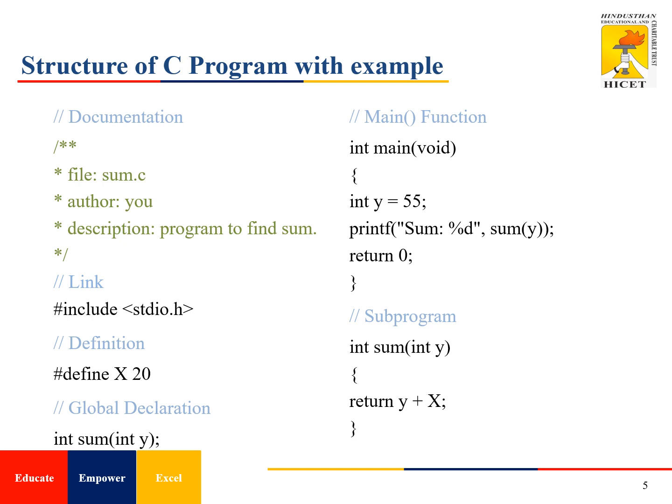Next one is the main function, which is used to define the actual processing of the program. In the main function, I'm declaring a variable y with the value 55, and I'm using the printf function to print the output, sum is equal to %d. That is, percentage d is the format specifier used to represent the data type integer. And sum of y, here I'm calling the function sum of y, and I'm returning 0.